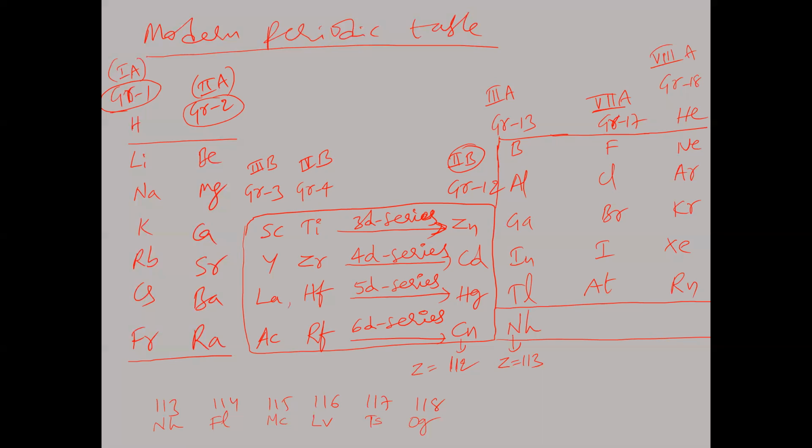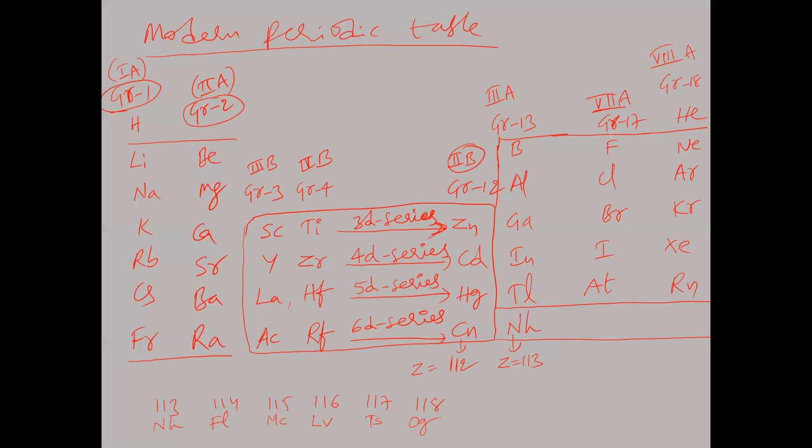Okay, so these are the S block, P block, and D block elements. P block elements start from the 13th group and end with the 18th group. So 13, 14, 15, 16, 17, 18. All these 6 groups are P block groups. Why only 6 groups in P block?